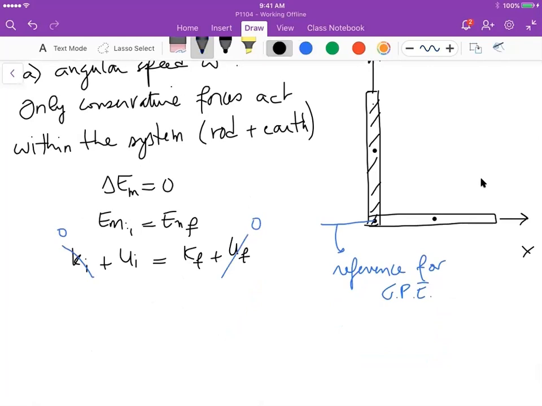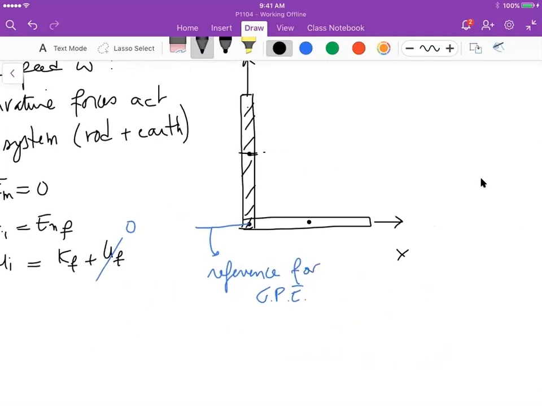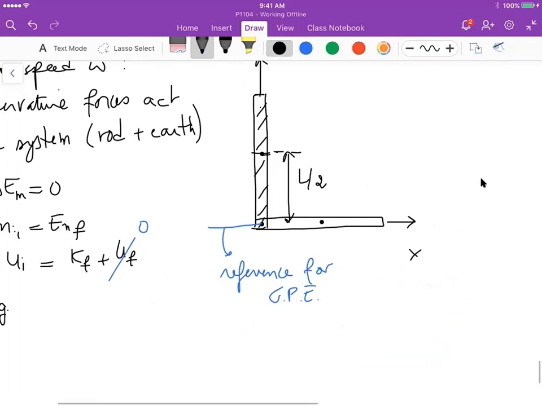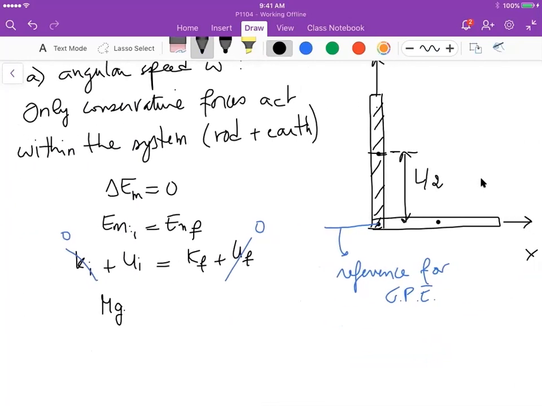In the initial state, we have a gravitational potential energy given by m times g times y of the center of mass. The center of mass is given by the middle point of the rod, and it was at distance L over 2 from the reference level for the GPE. So we multiply by L over 2.